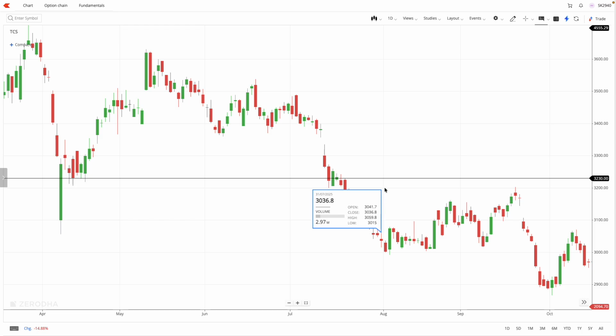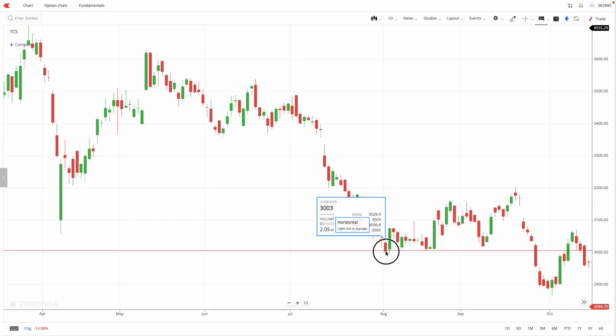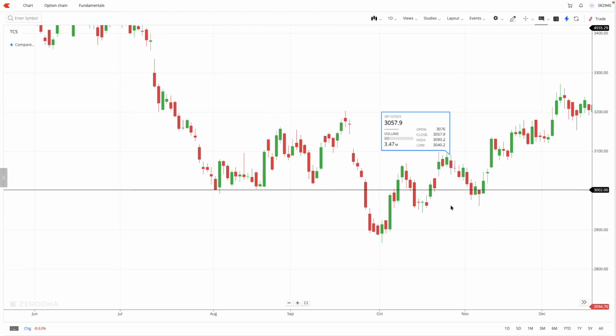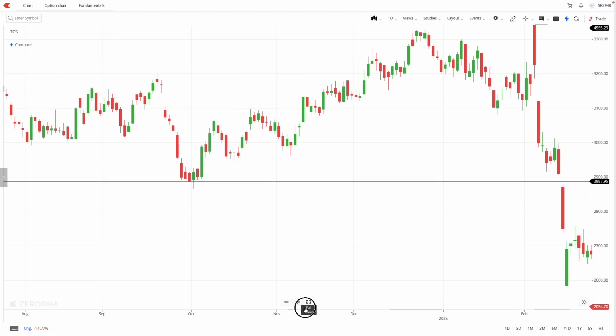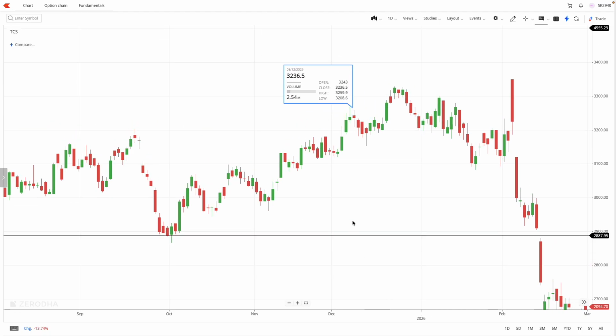So you start again looking for lower lows. Here it moves here. I don't know if it has made any high up to that. Doesn't seem like it. Let's have a quick look if it has crossed 20%. 2887, or this one to be exact, 2888.